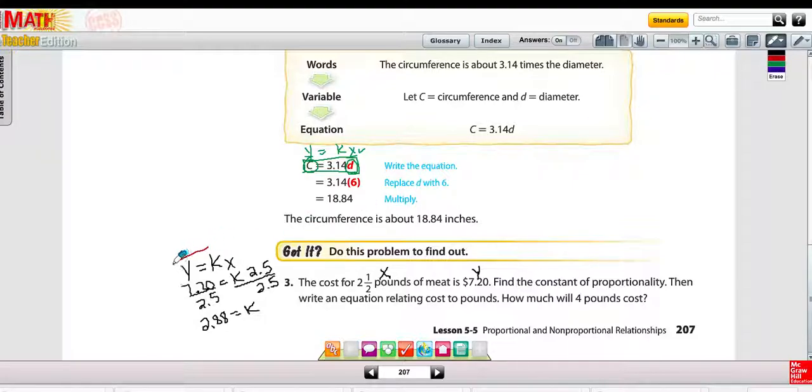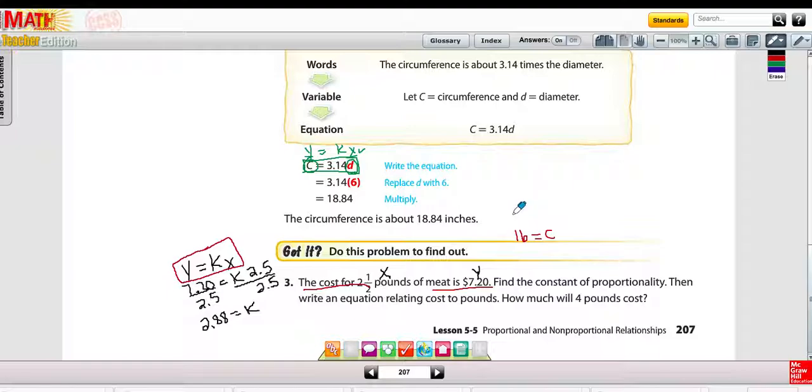I'd like you to write down y equals kx in your notes. In this problem, it doesn't give us a table, but it does say the cost for 2.5 pounds of meat is $7.20. In this case, the cost is going to depend on how many pounds are purchased.